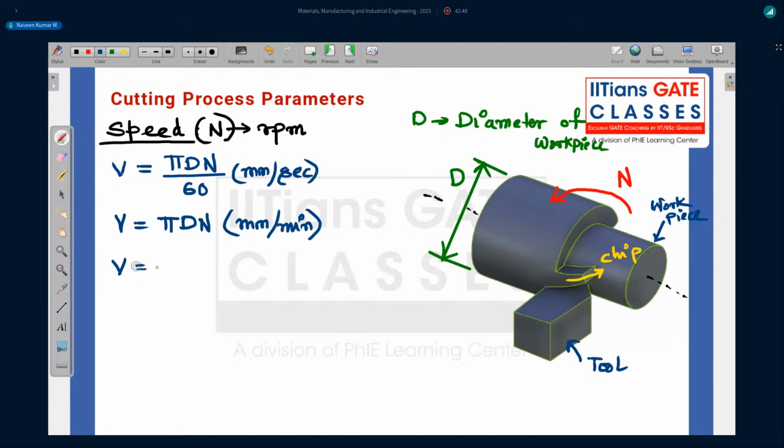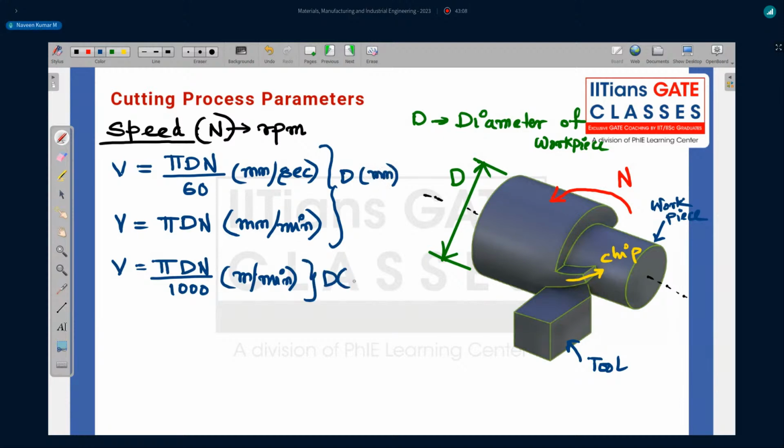Then, if diameter is in meters, it will be pi dn by 1000. This is meter per minute. So in one case the diameter is in mm, and in this case the diameter is in meters.